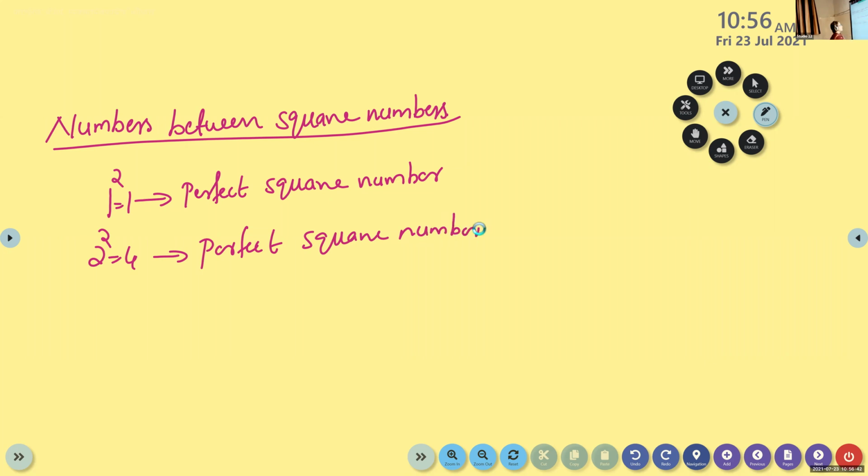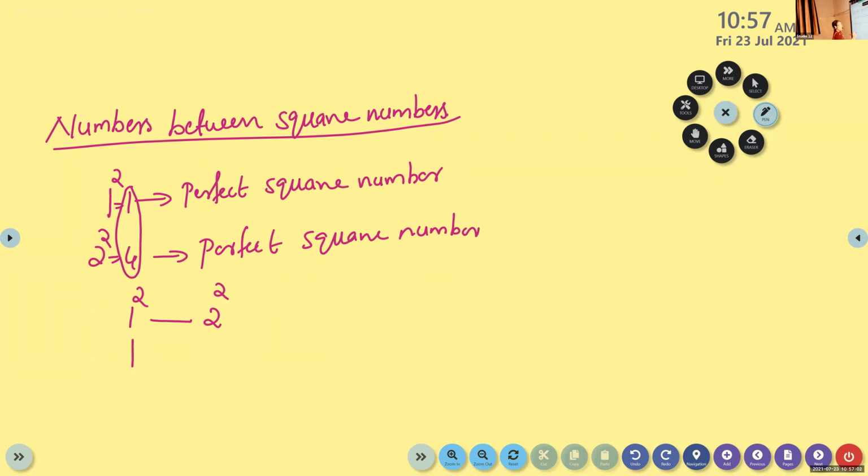So 1 square is a perfect square number and the next perfect square number is 2 square, that is 4.